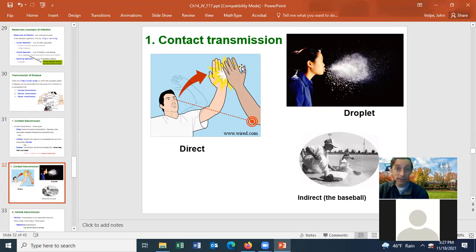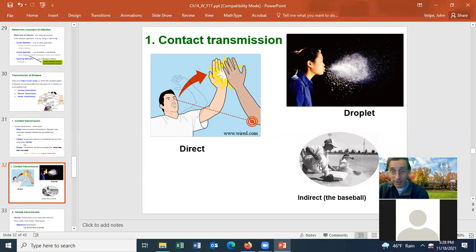Okay, but contact transmission can be direct. It can be indirect, like the baseball. Somebody sneezes on their hand, then they touch the baseball, then they throw the baseball to the catcher, and then the catcher picks it up on his hand. Now, actually, if the catcher were to touch the baseball with his hand, that wouldn't give the catcher the disease-causing organisms.